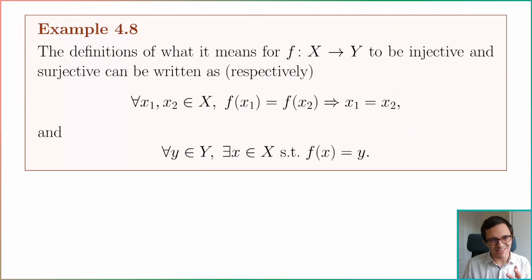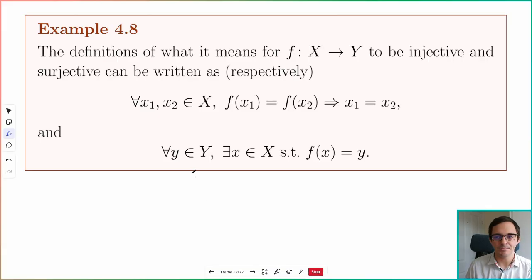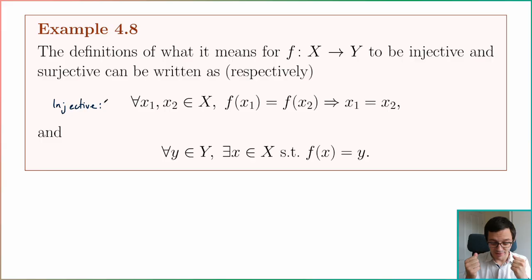Let's see the definitions of injective and surjective functions written out using this notation. So putting things together, for an injective function, our definition was all about collisions, remember? If f of x1 is equal to f of x2, then x1 is equal to x2.